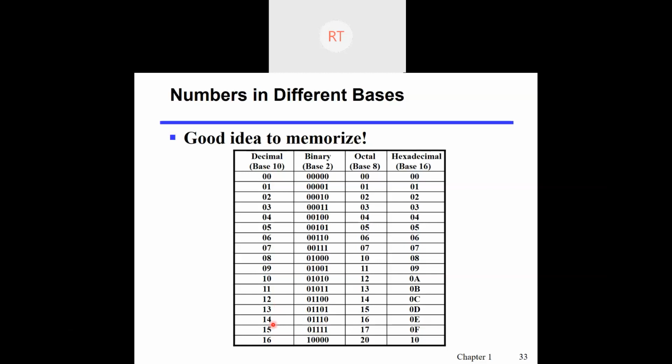I repeat my question: how come 14 is 0E in hexadecimal? 14 in hexadecimal is E, and it comes 0 since it's less than 16. Exactly. Since it is less than 16, perfect answer. Okay? Clear, guys? Did you understand the conversion between decimal, binary, octal, and hexadecimal?